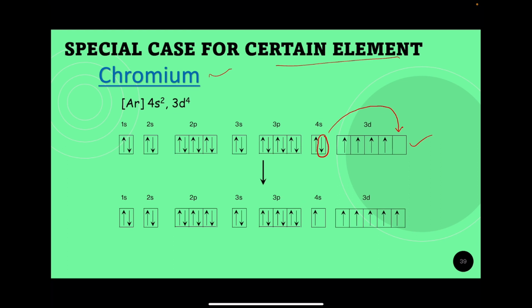So the 4s orbital will only have 1 electron and the other electron goes to the 3d orbital to make sure chromium has a half-filled 3d orbital. So for chromium, if you want to write down the electron configuration, it is from argon 4s2 3d4 into 4s1 3d5.